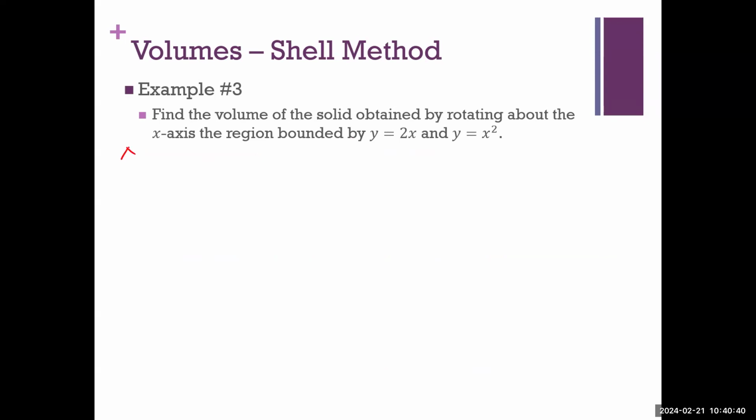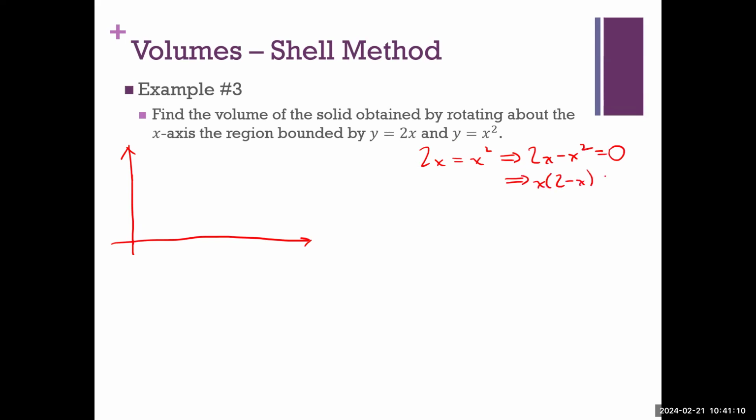Let's look at it. Unlike the last one, I know what these look like. But I really do want to find out where they cross first. So I'm going to set them equal to each other. 2x equals x squared. Two x minus x squared equals 0. Okay, so I get x equals 0 and 2 again.